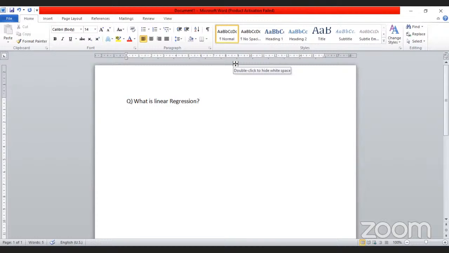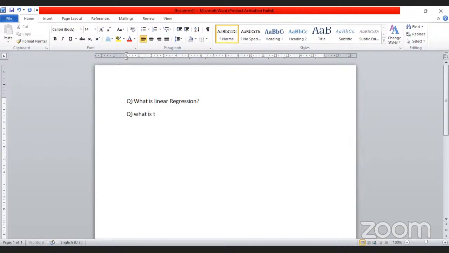The range of that strength is from -1 to +1. -1 means a negative linear relationship, but that is strong. +1 means the relationship is in a positive form, and that is also a strong relationship between the dependent and independent variable.